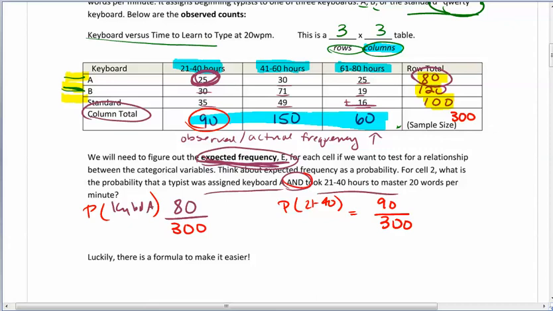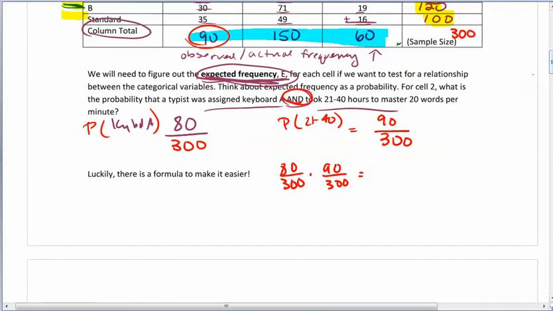If you recall, when you want to find the probability of two things happening, this and that, we actually multiply. So we would have to do 80 over 300 times 90 over 300. Okay, you have to remember how to multiply your fractions. So we could reduce this to, say, 4/15 times 3/10 and do some cross canceling.